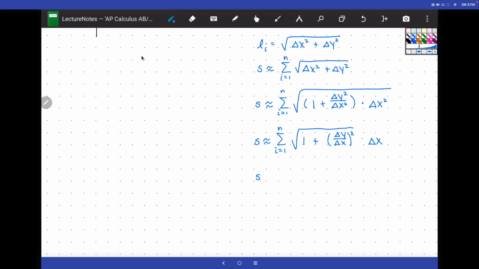So now I can say the arc length, not approximately anymore, the arc length is equal to the limit as n approaches infinity. So that's going to give me my infinite number of line segments as a summation. I'm basically going to copy what's above now.